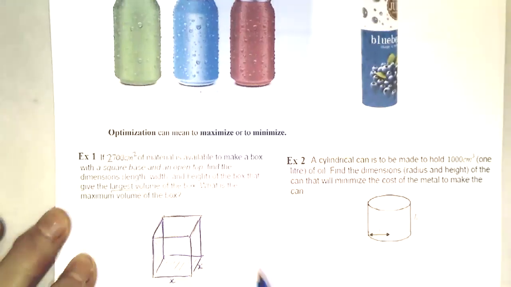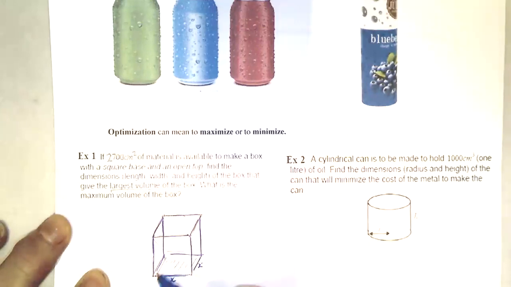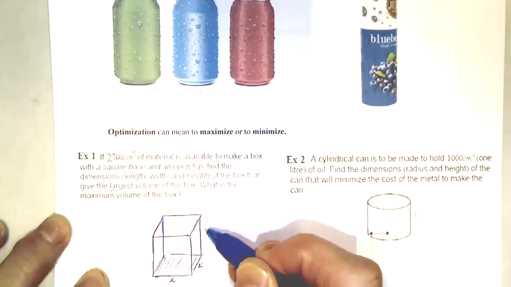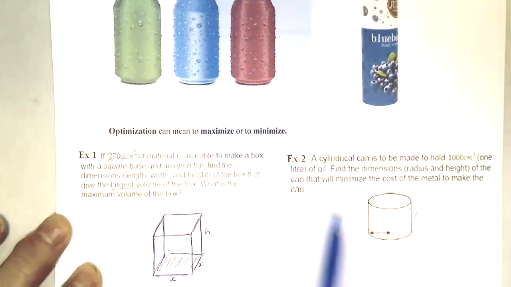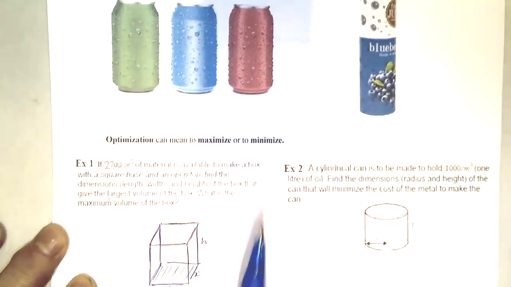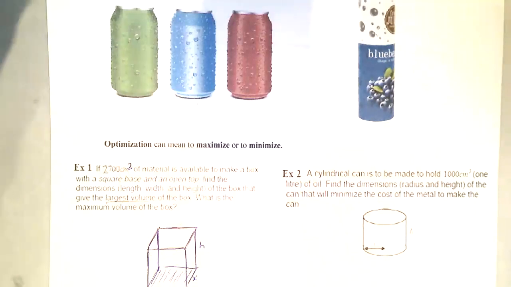Now, if you look at this question, it says that the base, meaning the bottom, is a square. And so that would allow me to designate the length and the width with the same variable, and I chose X. This dimension would be the height. What we want to do is create a box like this, use the 2,700 square centimeters of material, and maximize the volume. So how do you do that?